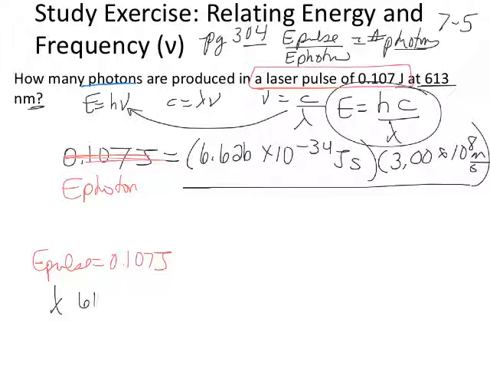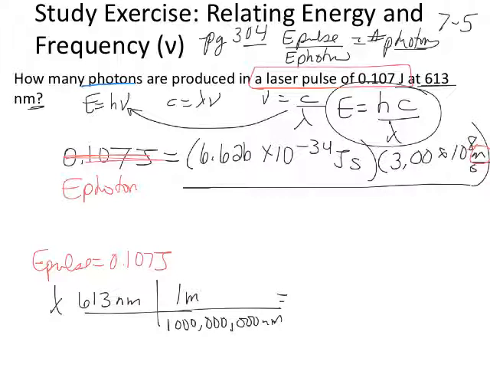But our wavelength is 613 nanometers. We've got to get that into meters because of our speed of light. So we are going to do 1 with 9 zeros nanometers into 1 meter. And that ends up being 6.13 times 10 to the negative 7 meters.